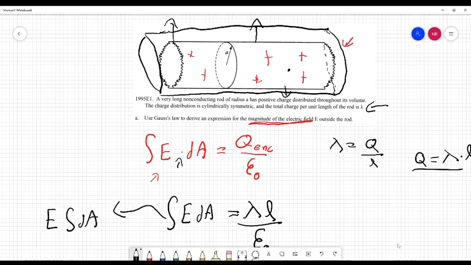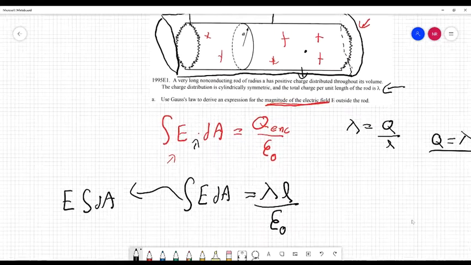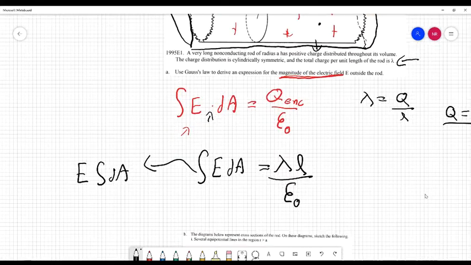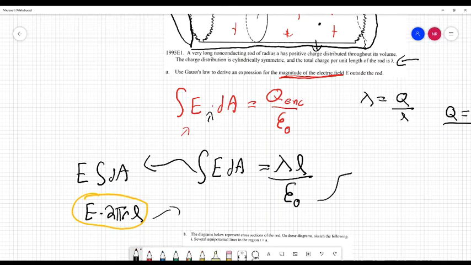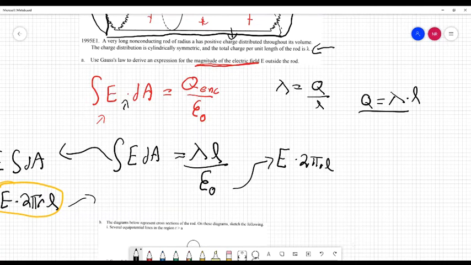Since we are doing it over a length L and it's a cylinder, the formula for the surface area would be none other than 2 pi r L. So the left side of the equation would turn into E times 2 pi r L. Plugging that into the equation again, E times 2 pi r L equals lambda L over epsilon naught.